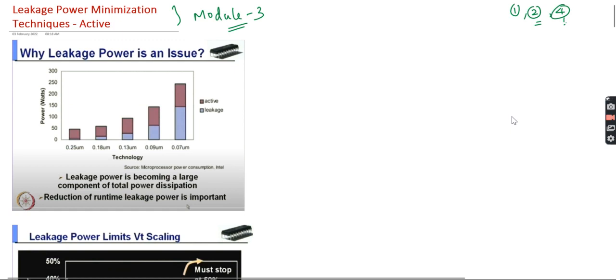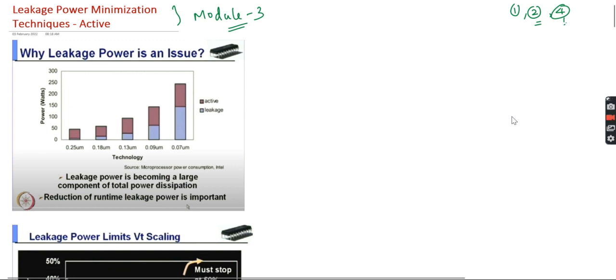In the previous classes, we studied the sources of power reduction. Different sources are there, like static power dissipation and dynamic power dissipation. In the dynamic power dissipation, we had different sources: one is switching power dissipation, then short circuit power dissipation, then we studied the leakage power dissipation.